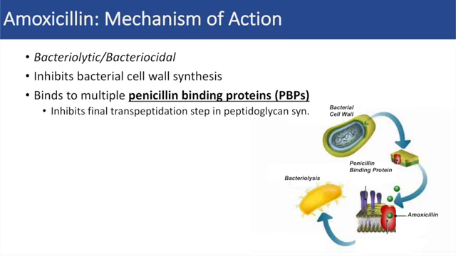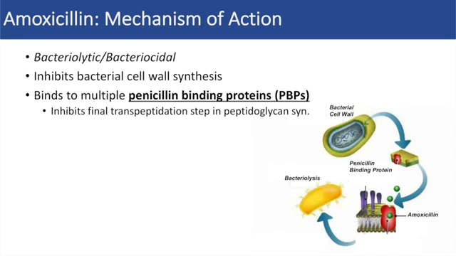So when amoxicillin is bound to penicillin binding proteins, the peptidoglycan is unable to cross-link, which means that the bacterial cell wall is dysfunctional, and the bacteria would not be able to withstand any changes in osmotic pressure or any other stressors, which would lead to bacteriolysis, or the death of the bacteria.